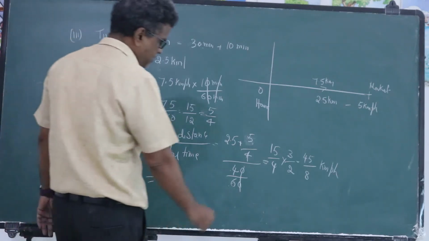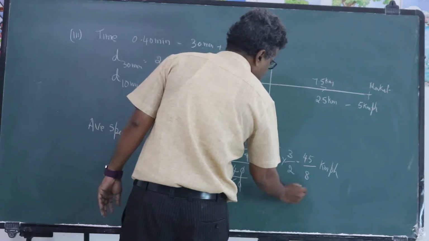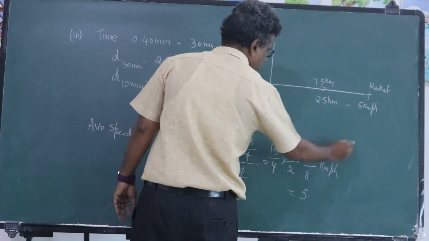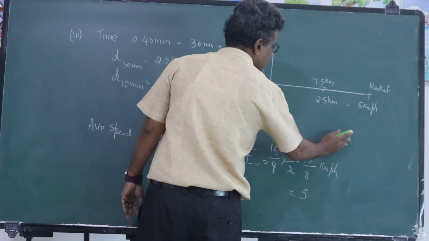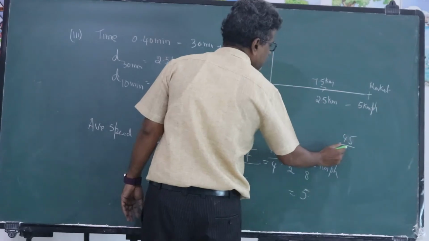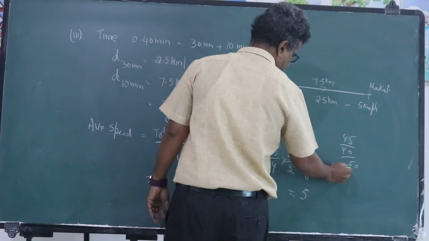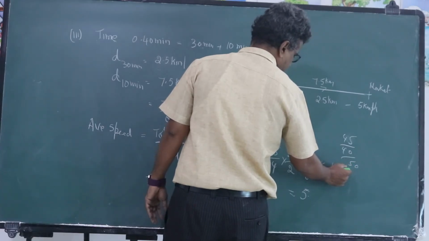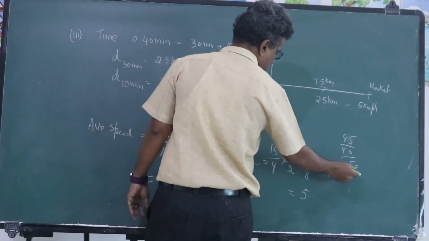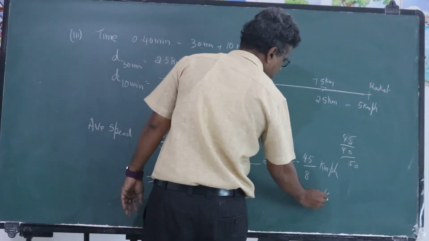45 by 8 means nearly 5.6. 8 5s are 40, 8 6s are 48, so it is nearly 5.6 kilometers per hour.